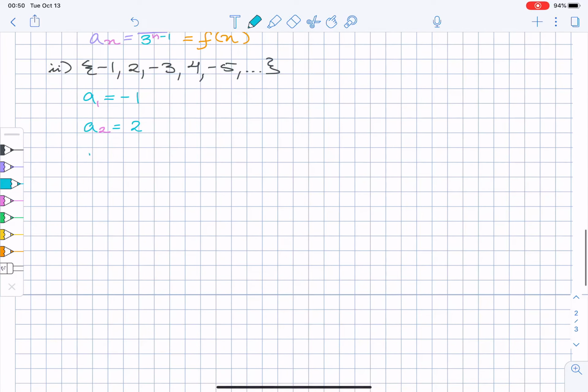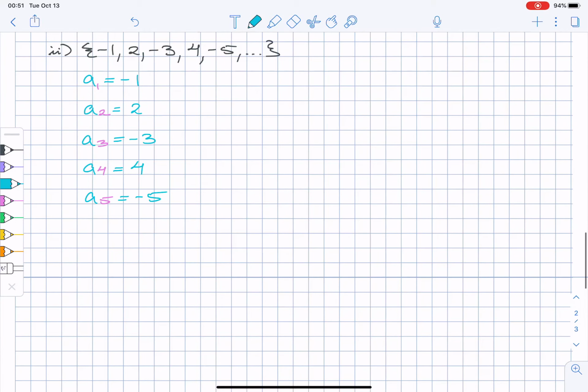Then we have that a sub 3 is negative 3. Then we have that a sub 4 is positive 4. We have that a sub 5 is negative 5. So I can already see my counting numbers here.